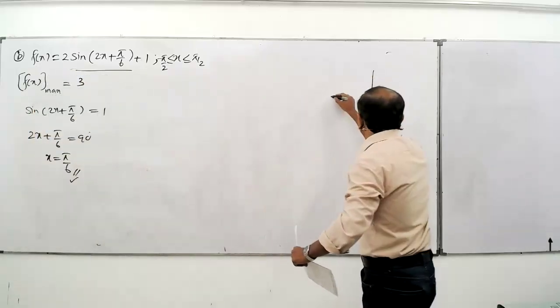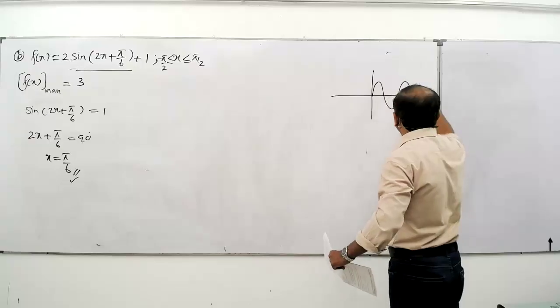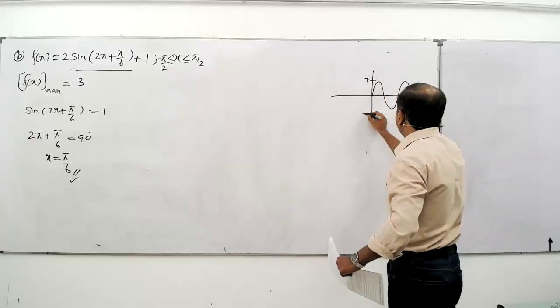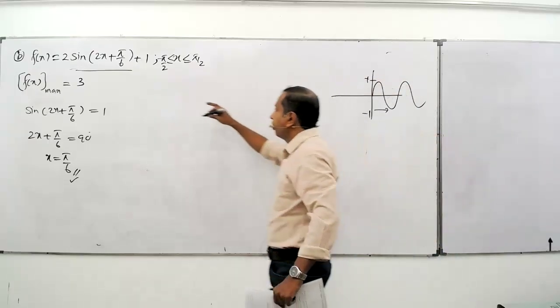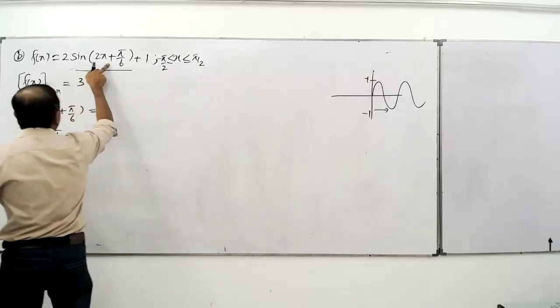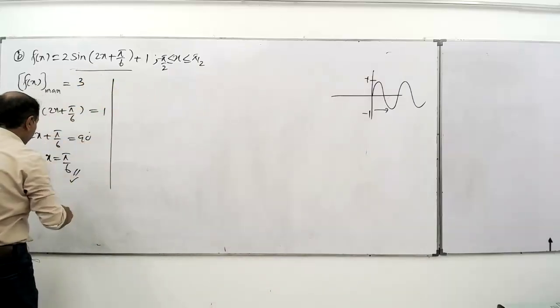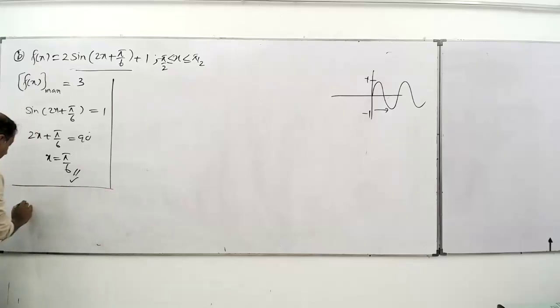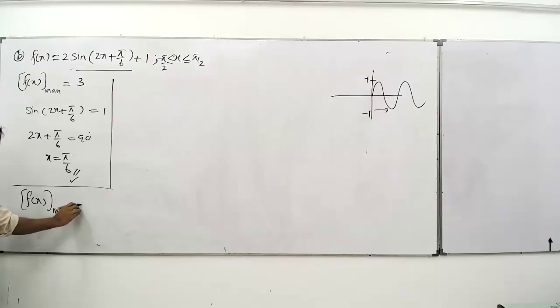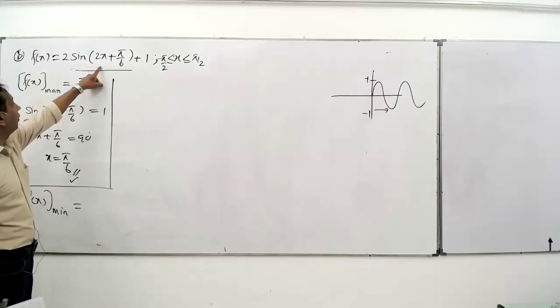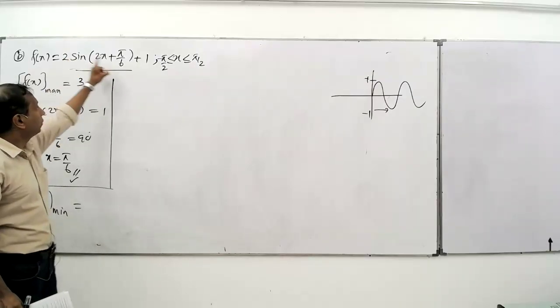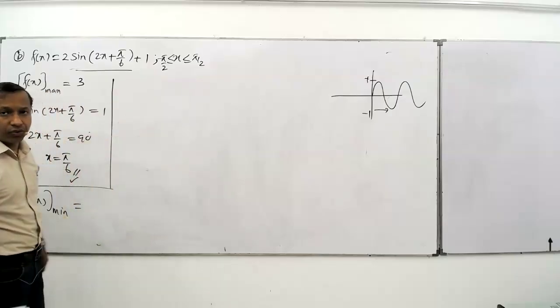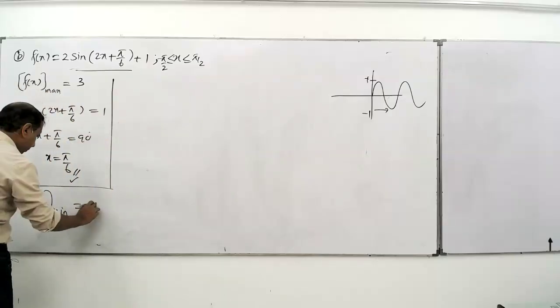When you draw the sine graph, maximum is plus 1, minimum is minus 1. That is why to find f(x) minimum, we put minus 1 here. What do you get? 2 into minus 1 is minus 2, plus 1. Minus 2 plus 1 is minus 1, no?